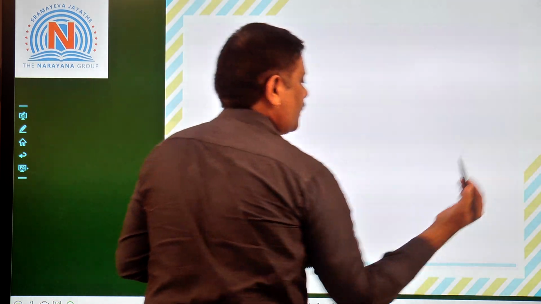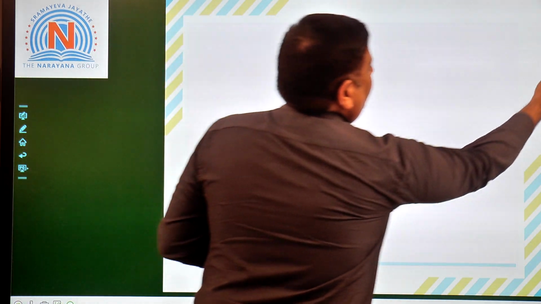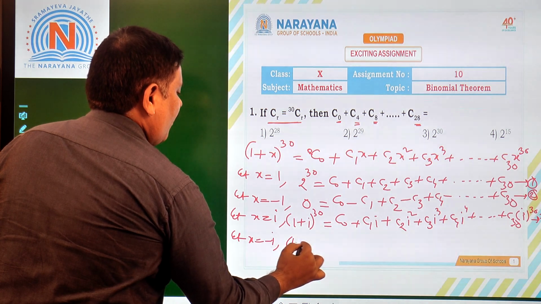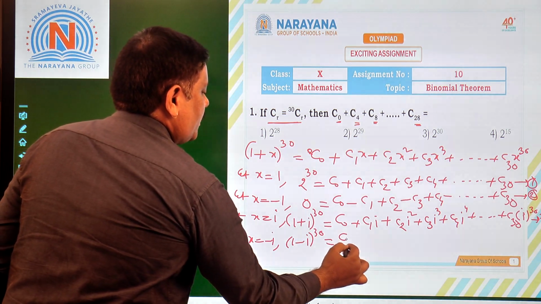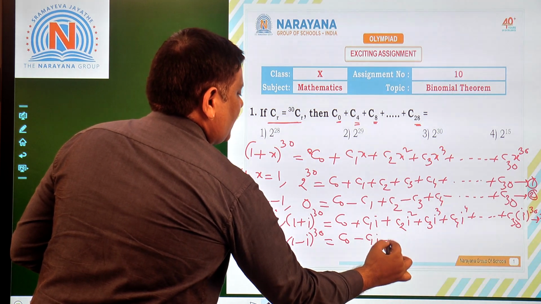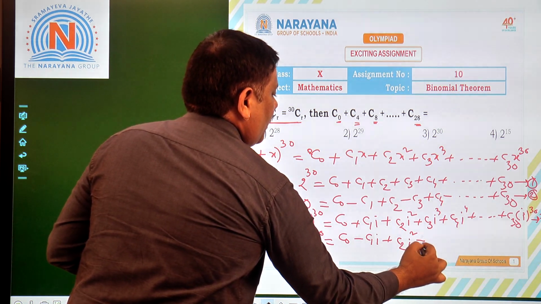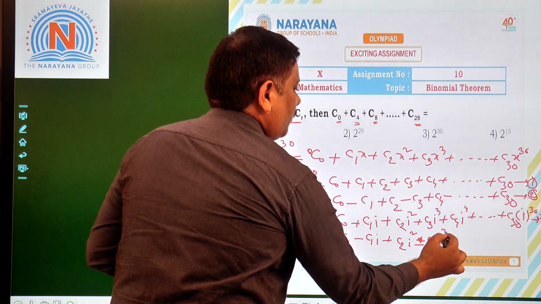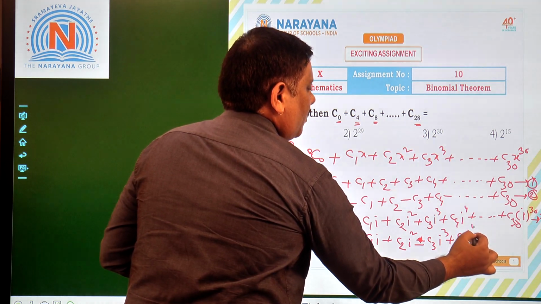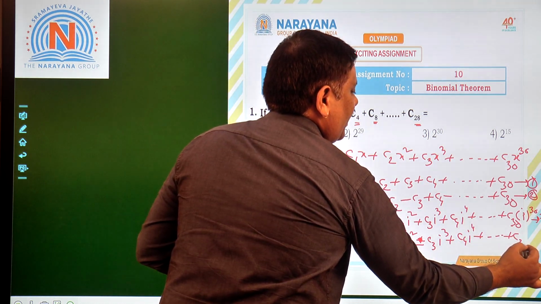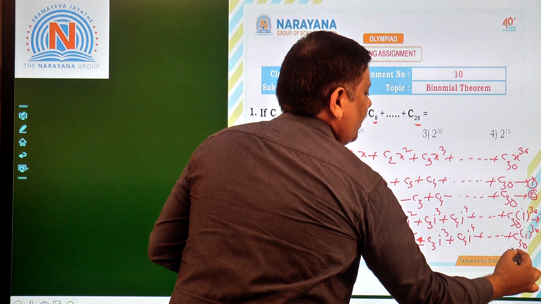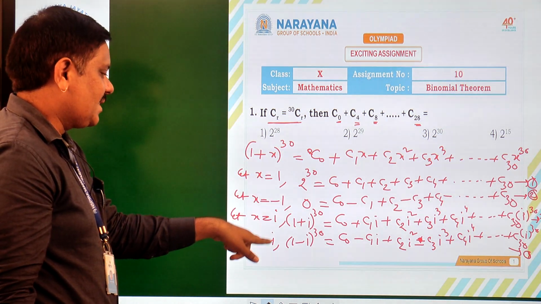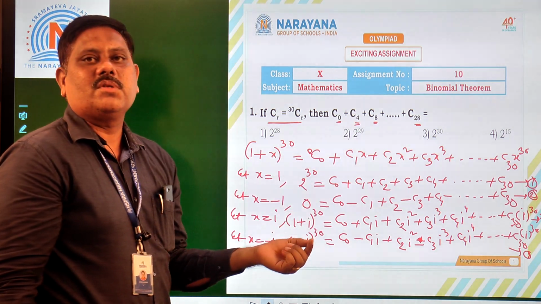Next, if you take x is equal to minus i, we are going to have (1 minus i) whole power 30 as C0 minus C1 i plus C2 into i square, plus C3 into minus i cube, which we can write as minus C3 into i cube, plus C4 into i power 4 plus so on plus C30 into i power 30. It is condition number 4. We are substituting x as 1, minus 1, plus i, minus i, because here the subscripts are multiples of 4.